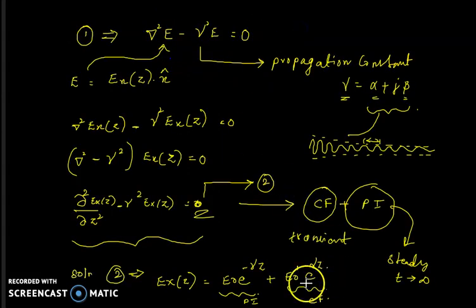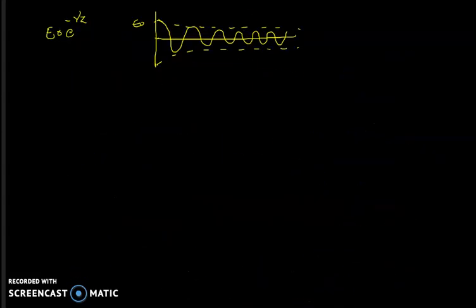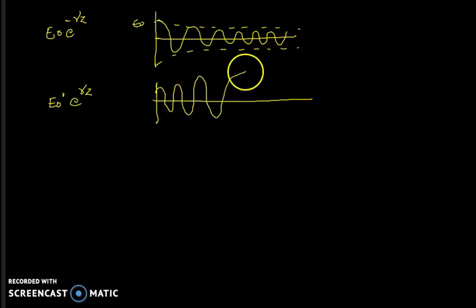But if you look at the complementary function, E naught dash is the amplitude, and it will look like this. As time increases, the amplitude decreases.